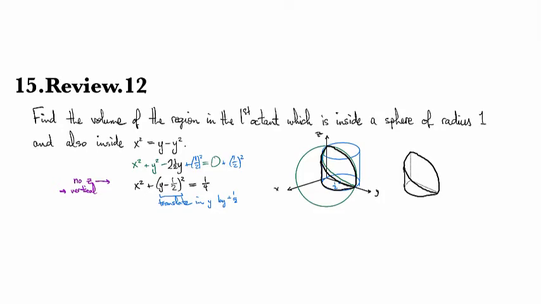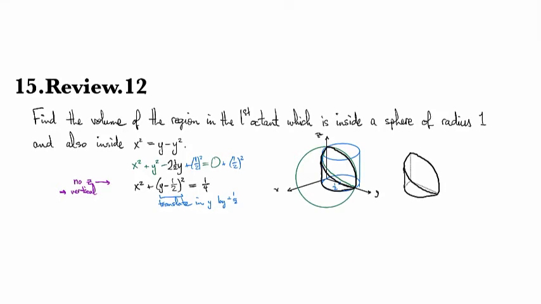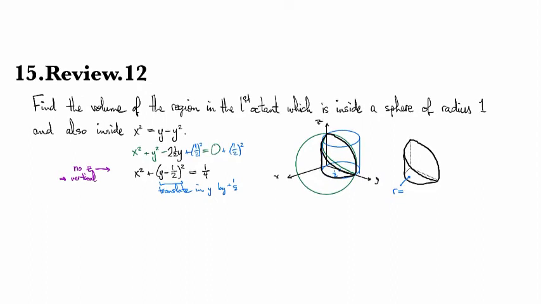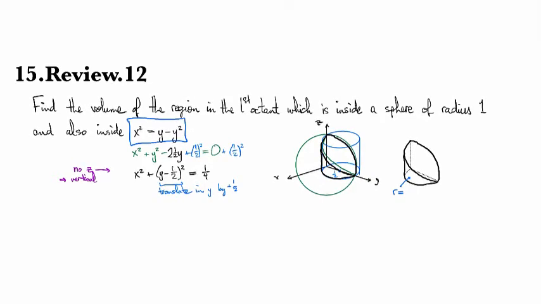Okay, so how are we going to set up this guy? Well, the side that we have right here is given by r equals, oh shoot, what is that going to be? Okay, so I'm going to go back to this equation right here and figure out how to set that up in cylindrical.